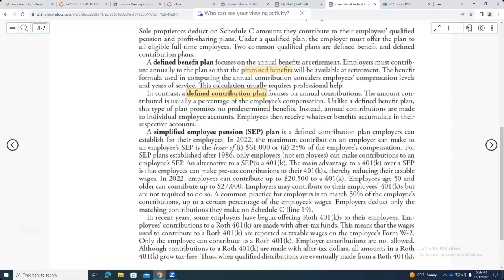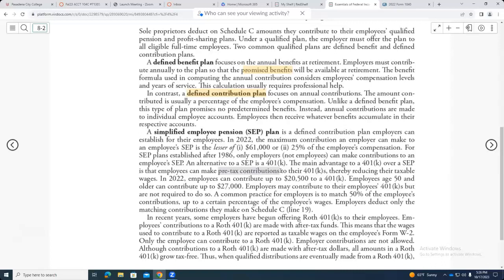An alternative to SEP, and more common, is the 401k plan. The main advantage of a 401k plan over SEP is that employees can make pre-tax contributions.